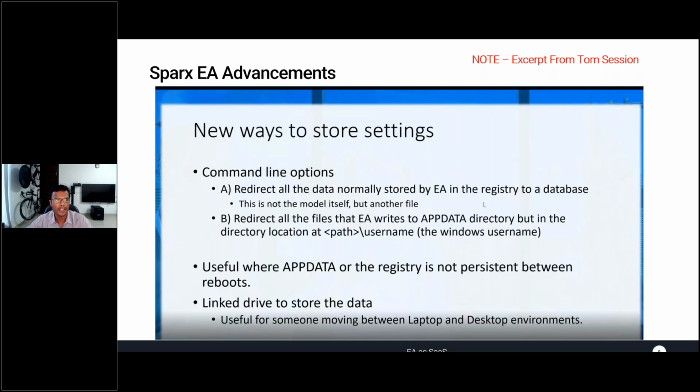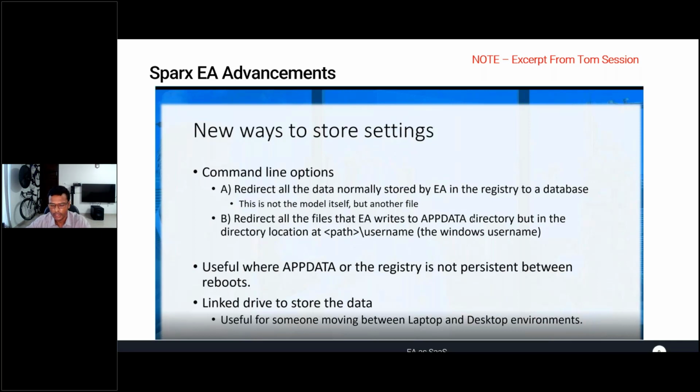And another slide, he also mentioned how Enterprise Architect will now support cloud deployment, because we all understand EA has always been an installable application, and the registries and app data are very specific to a machine. But when we go to cloud and it's a distributed setup, we need to have backups operating on key data.